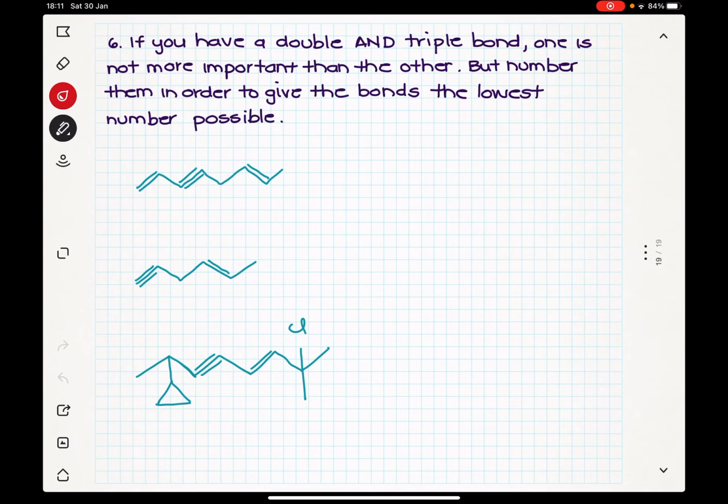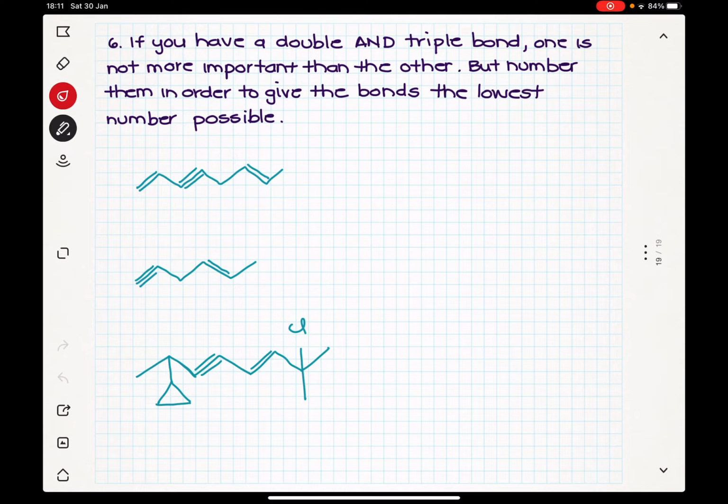It says if you have a double and a triple bond, one is not more important than the other. What we need to see is that when we number, we give the smallest number possible. So we start numbering from the bond that is closest to the end.